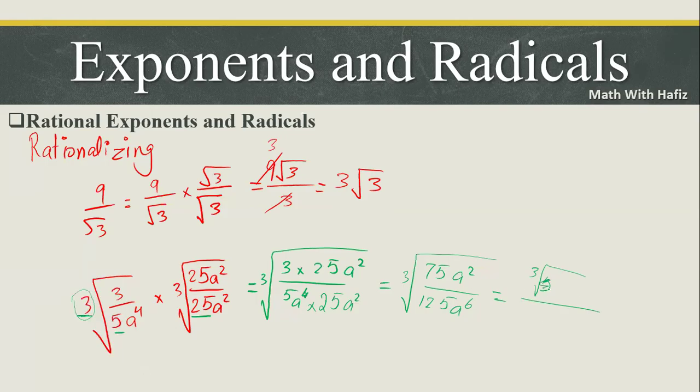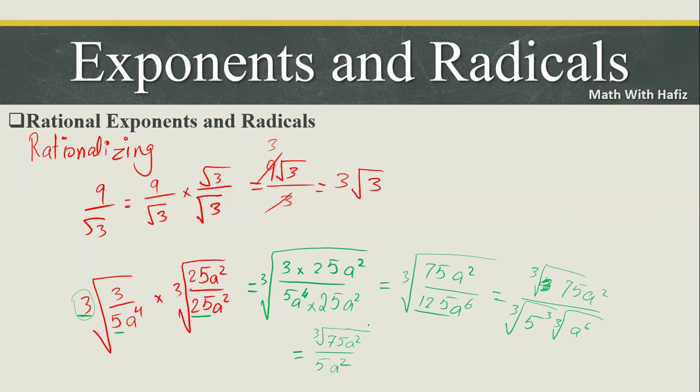It is 75 a square, and this was the perfect cube, so it will be 5. Okay, I will write it: 5 cube root of cube, and a to the 6 cube root. So once you apply the cube root in the denominator, it will be the cube root of 75 a square, and here I will have 5 and a to the power of 2.